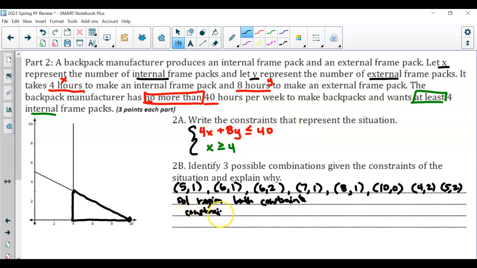Just like how I showed 8, 2 was false because it made 48, which is not less than 40. So again, there are different explanations here. When you identify your three, that they follow the solution region with both constraints. And when calculating, it makes both constraints true.